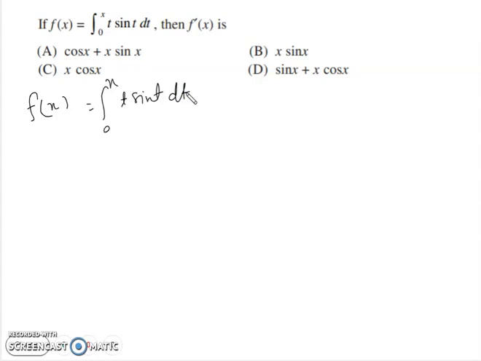By seeing this form, we know that there is one rule we can apply here. Which rule? You can say the Leibniz rule, right?